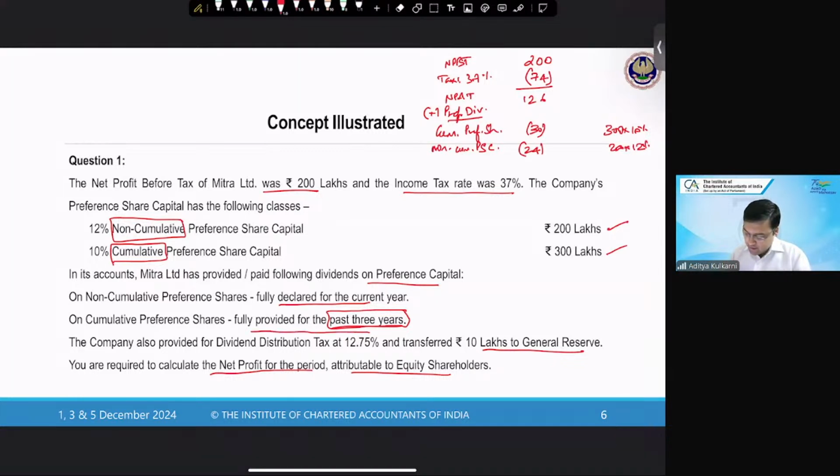Yes, the dividend distribution tax at 12.75%. See, this DDT is going to be paid over and above this dividend. So clearly, the last category of shareholders who are most subordinate to all other shares will not get this money. So therefore, DDT is equal to 30 plus 24, 54 multiplied by 12.75%.